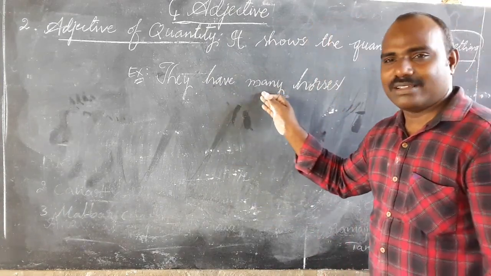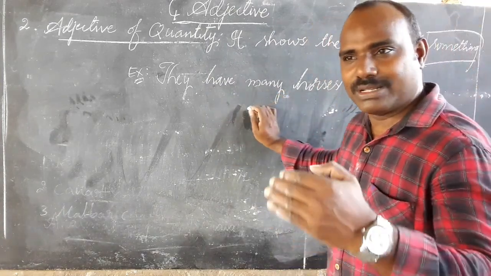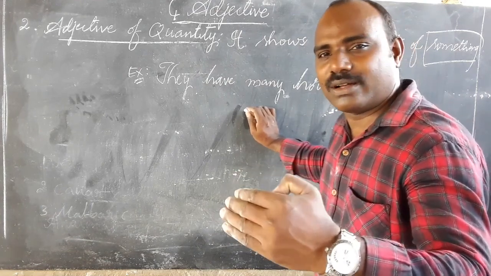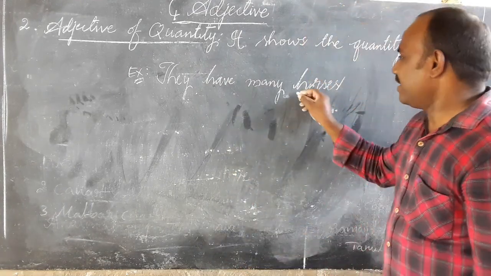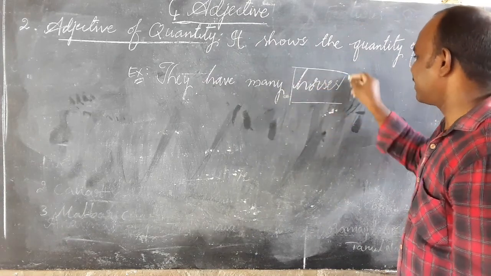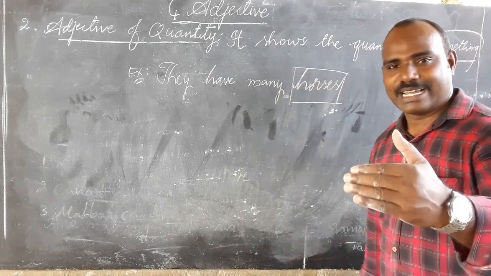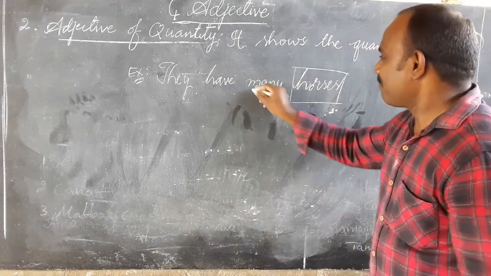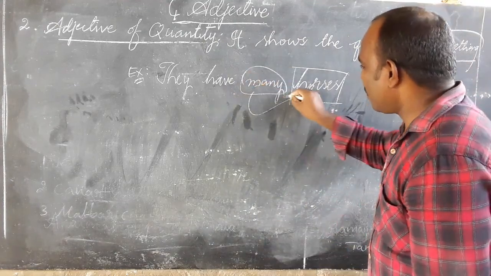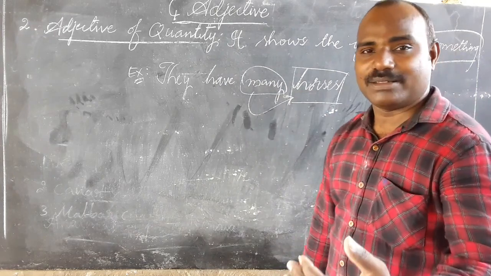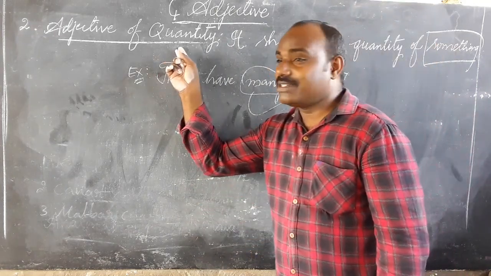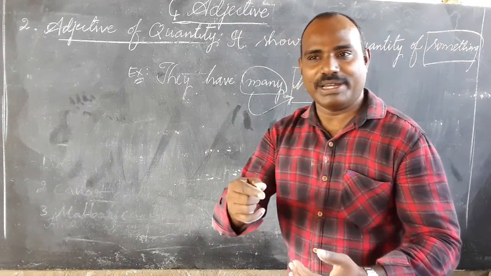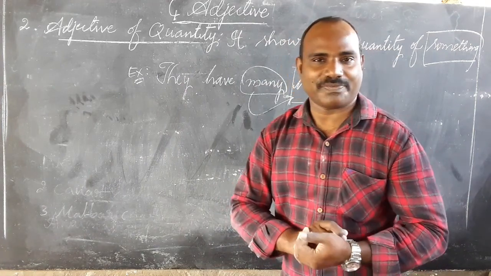See, many. It talks about some. Many means some. And here, horses. You see, horse is a noun, and horses is plural, more than one. Here, the word many talks about how many. Adjective of quantity can be the answer for the question how many or how much.